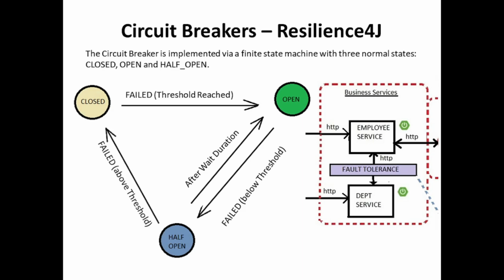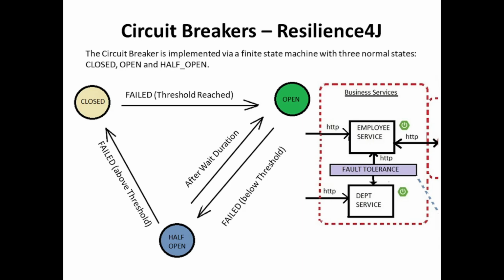In simple words, if my request from employee service to department service is successful, that means it is in closed stage. If my request from employee service to department service is failing, then it is in open stage. It will try multiple times to hit department service.